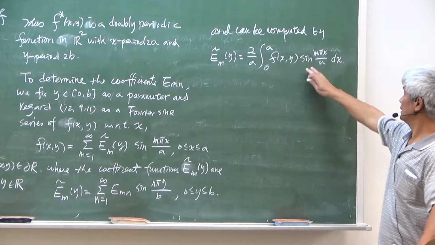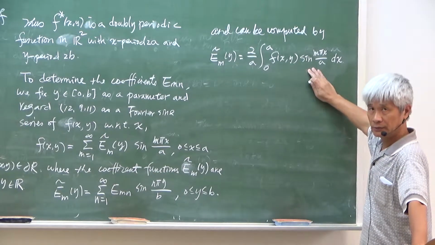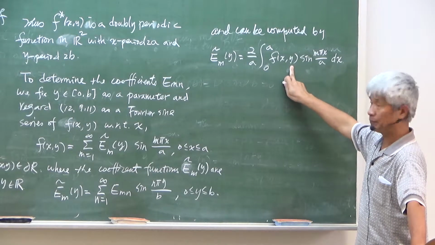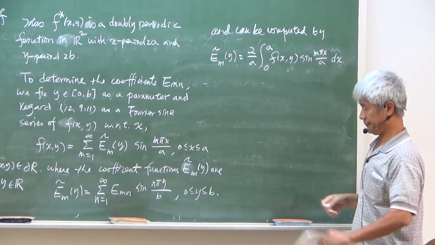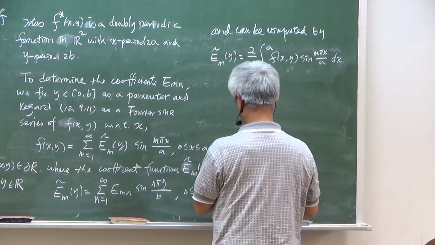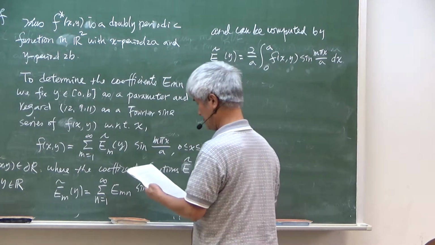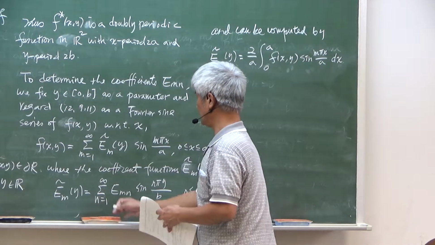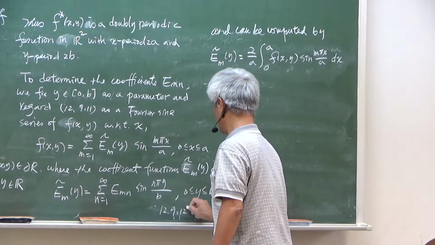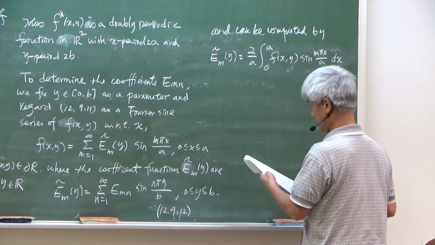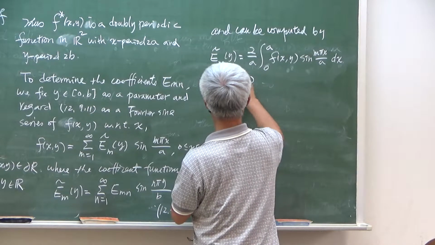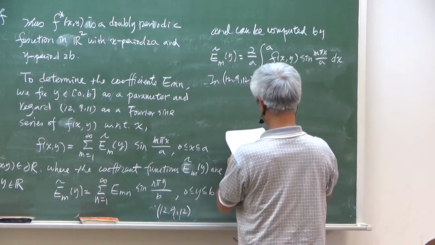So we take the integral, and that's why it's a function of y, because we integrate over x here. So now we find the coefficient function, which is in 12.9.12.